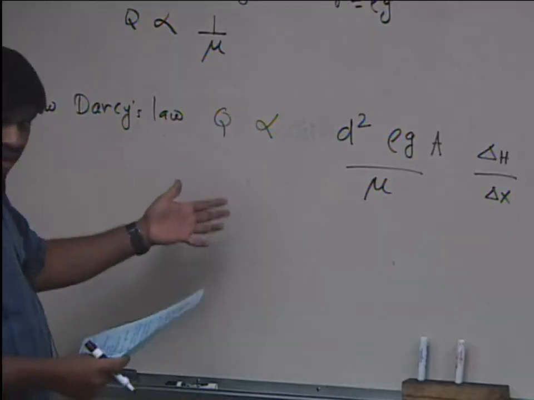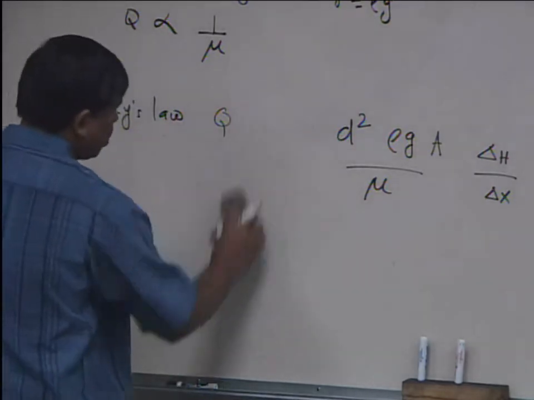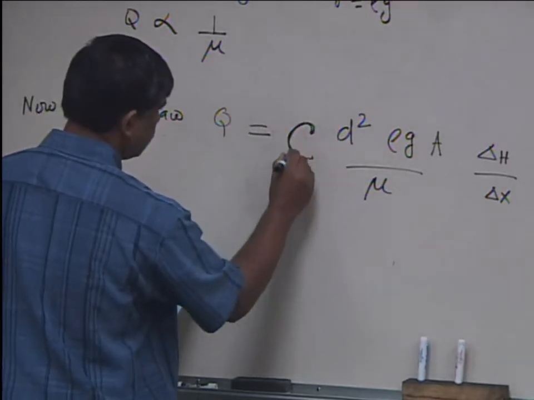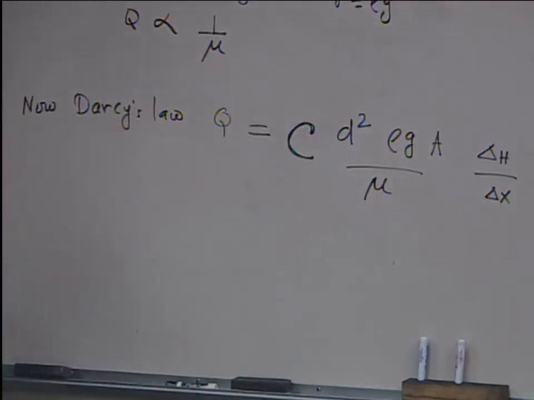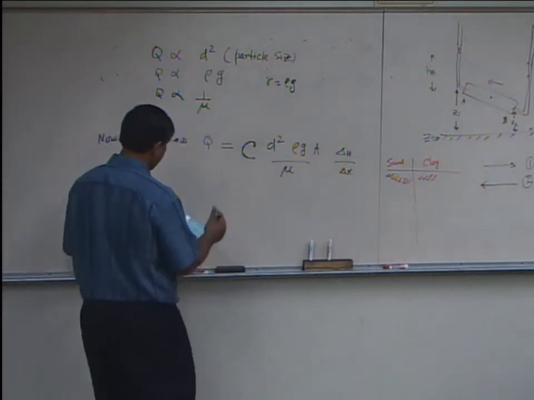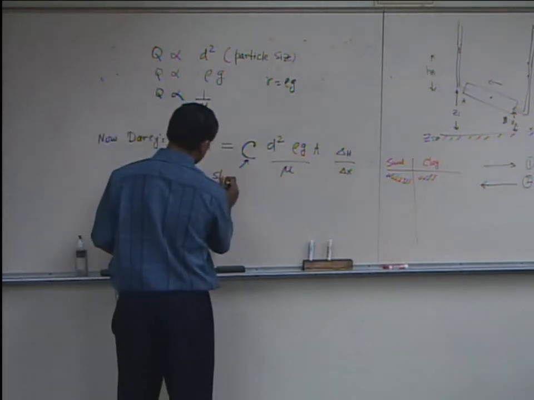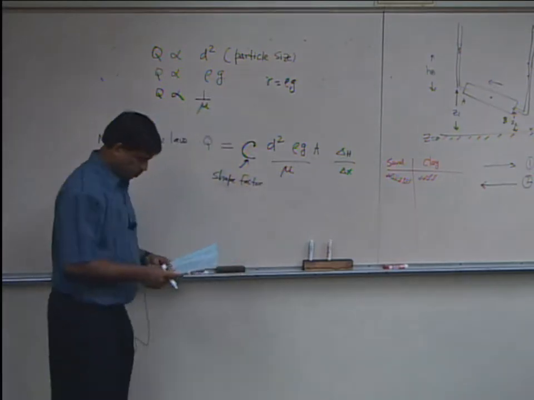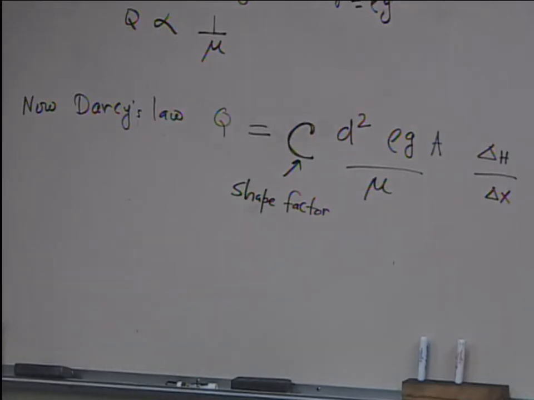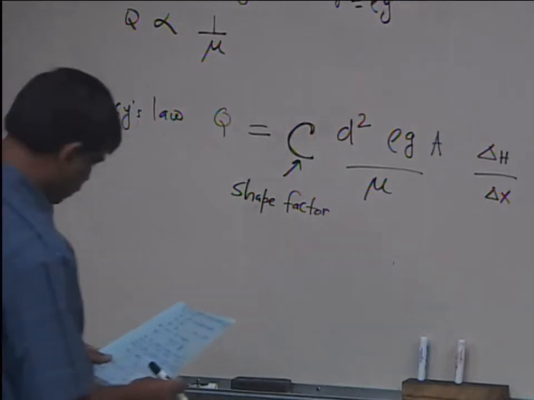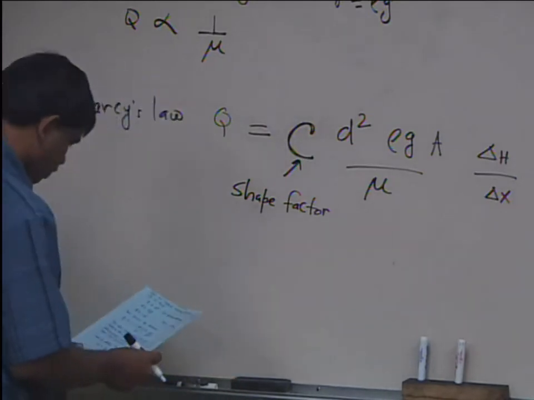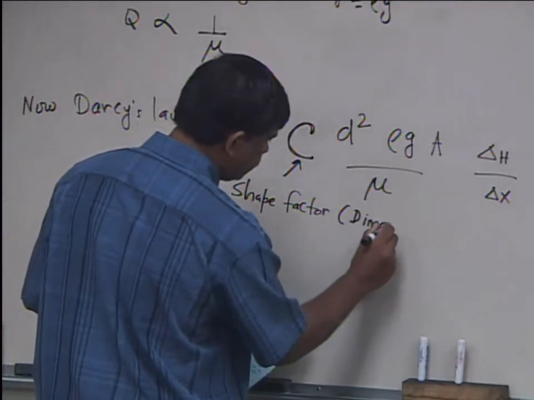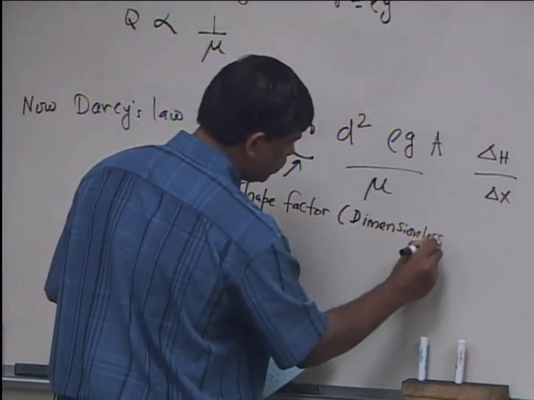And now I can throw in another proportionality constant, and I'm going to call that C. And C is known as the shape factor. And it is dimensionless.